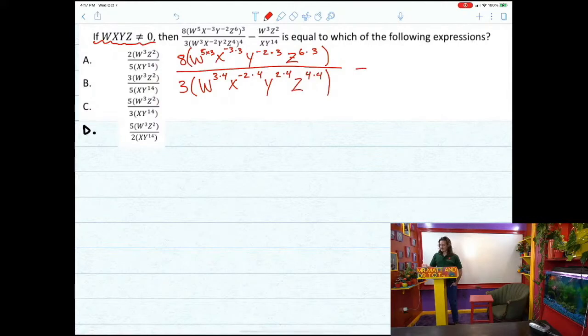And then this other guy on the right is just going to follow through for now.